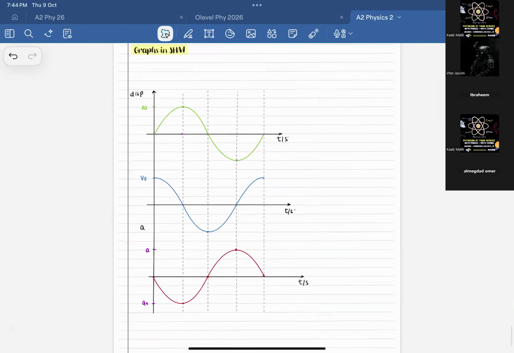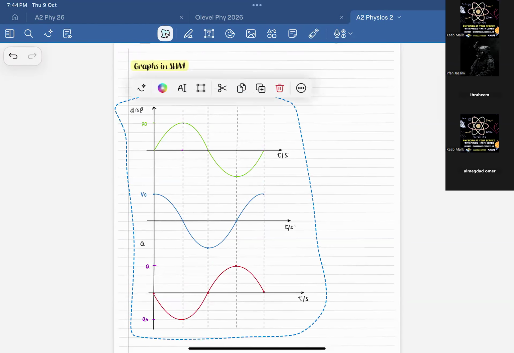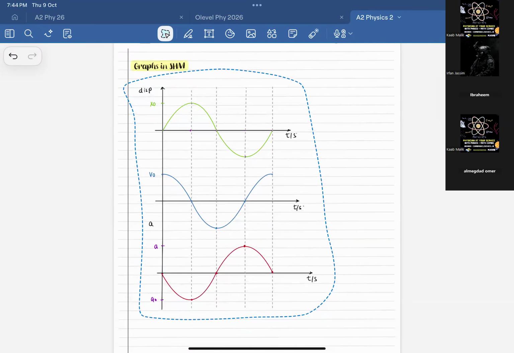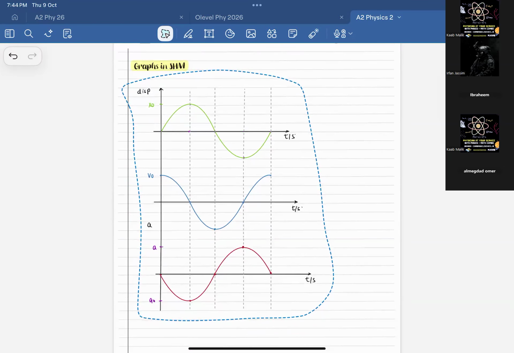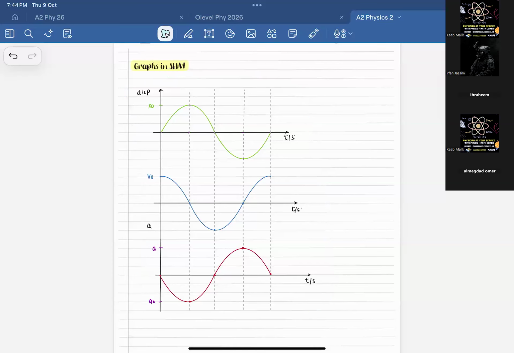You know that potential energy is basically related with the displacement, and kinetic energy is related with the velocity. That's why I copied this graph, because I am going to use it as a reference and use it to draw the energy graph.